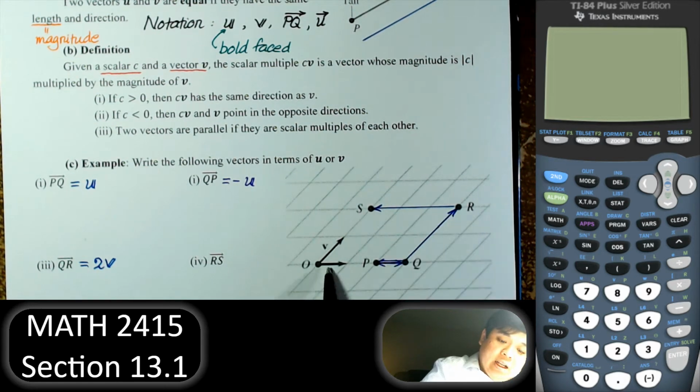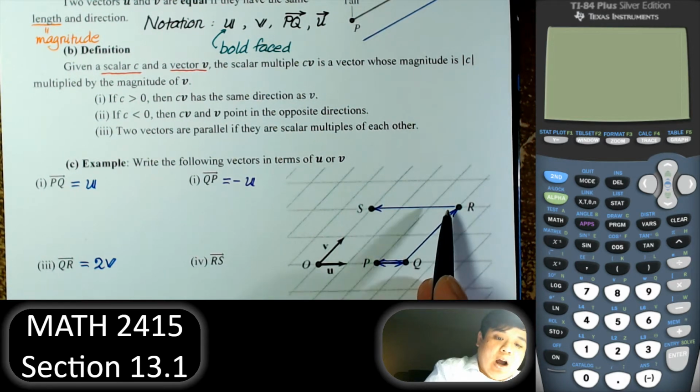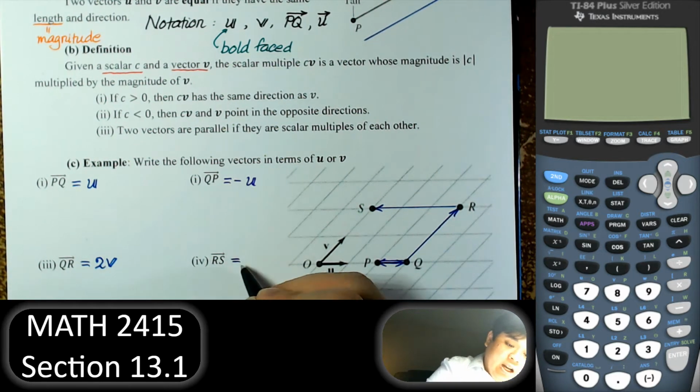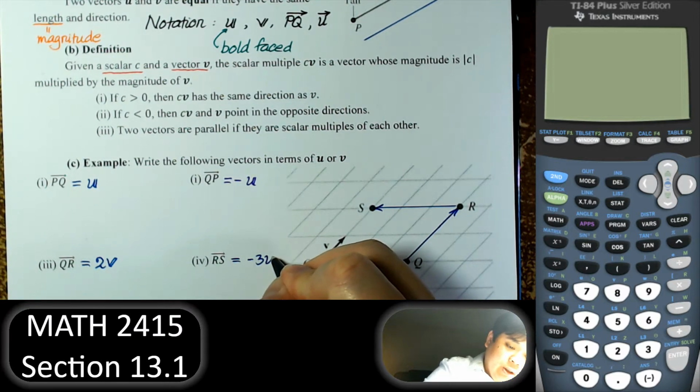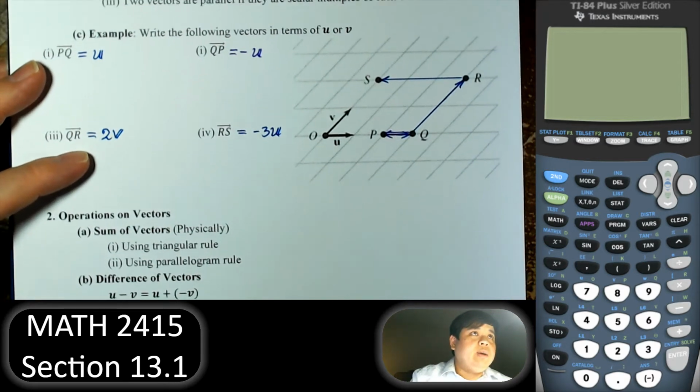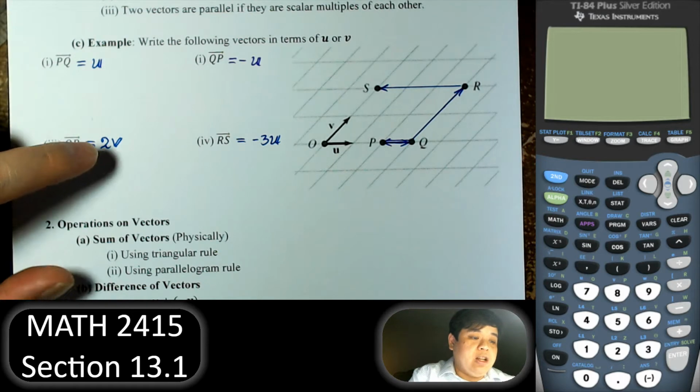So RS is the opposite direction of U and 3 times as long. So we say going to be negative 3 vector U. Right, RS is 3 times vector U, but opposite direction. QR is 2 times vector V, same direction. QP opposite direction. And PQ same direction as U. Right, that's simple enough.